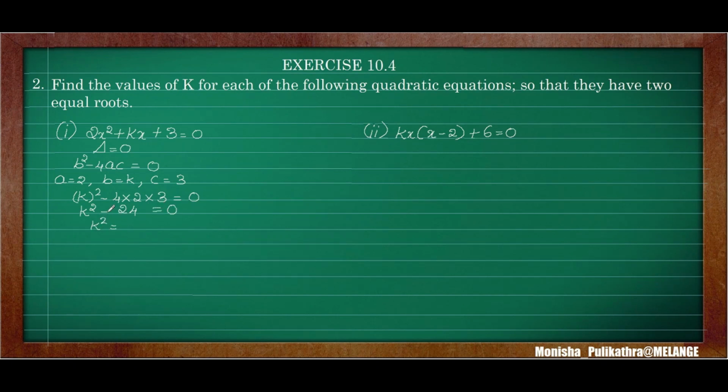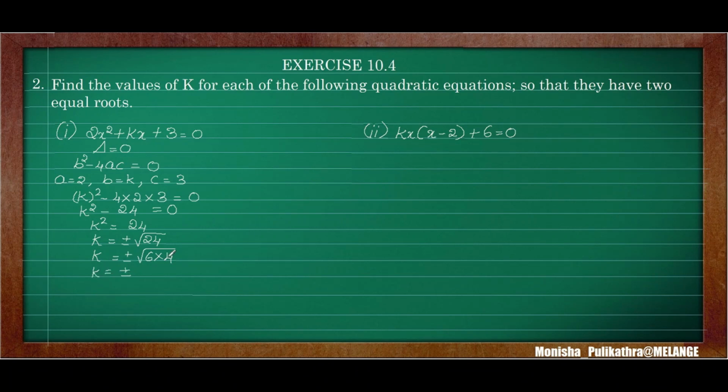So k square, I will shift minus 24 to the right hand side, it becomes plus 24. k is equal to plus or minus square root of 24. So k is equal to plus or minus square root of 6 fours are 24.